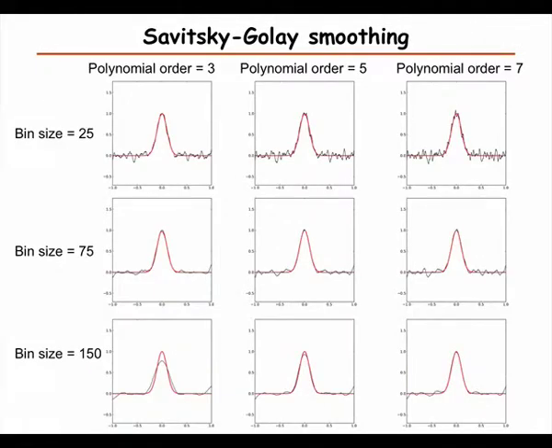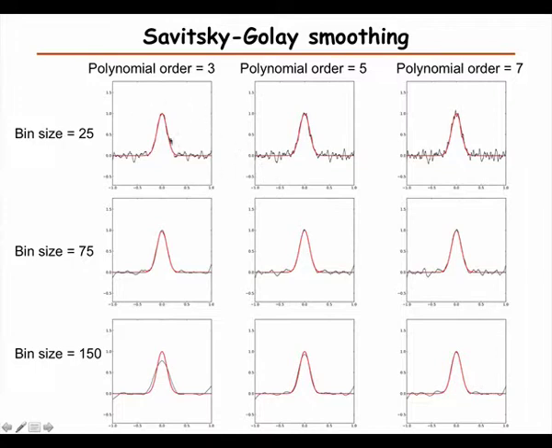So one more type of smoothing filter, which is very popular in analytical chemistry in general, but especially in mass spectrometry, is Savitzky-Golay smoothing. Here we apply a polynomial of different orders to segments of the signal, and as you see, as we go up in polynomial order and in bin size, we can get very good smoothing.